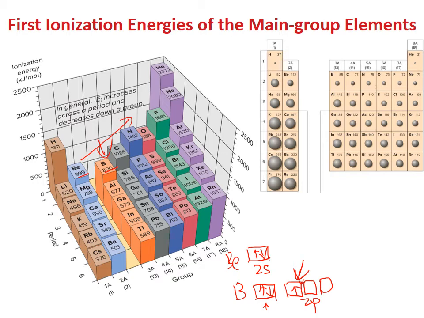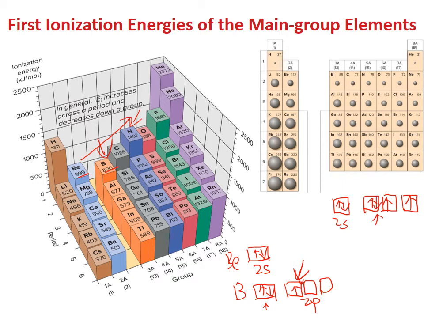Similarly, if we look at the orbital diagram for nitrogen and oxygen, nitrogen is 2s2 and 2p3, so 1, 2, 3. That's nitrogen. Oxygen has one more electron, so put the electron here in the first orbital.